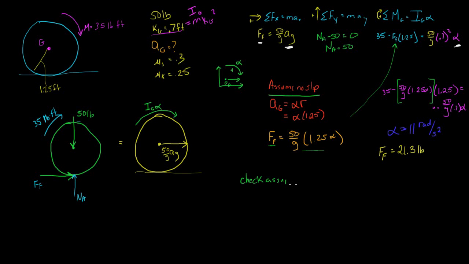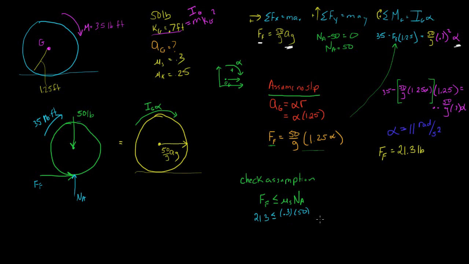So in order to check our assumption, we use this equation. We say that this frictional force must be less than or equal to our coefficient of static friction times the normal force. And we have both of these numbers. We have this coefficient of friction, which is 0.3, and this normal force, which is 50, and this frictional force, which is 21.3.